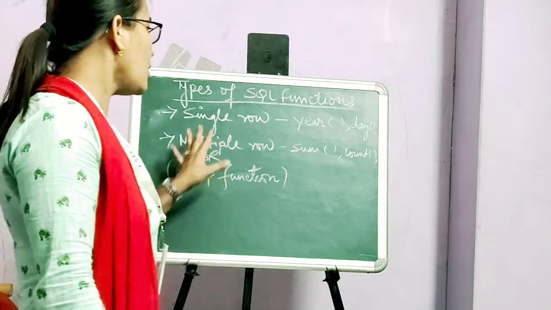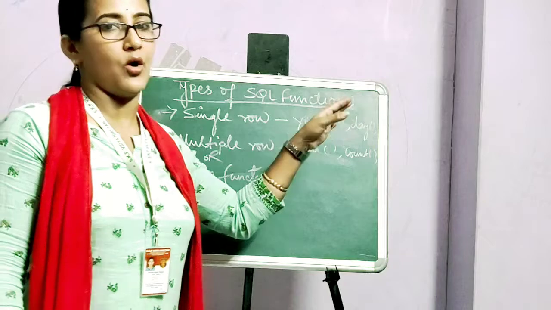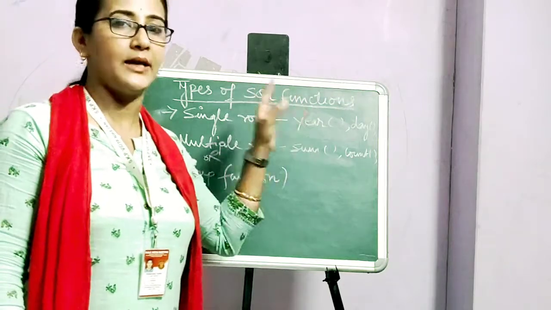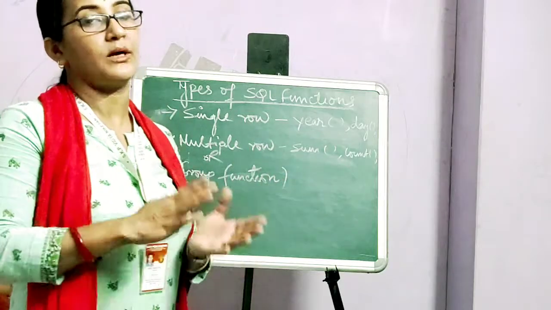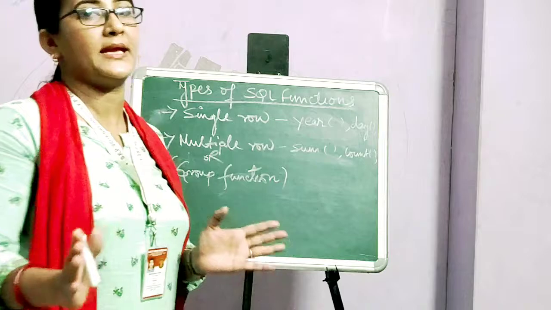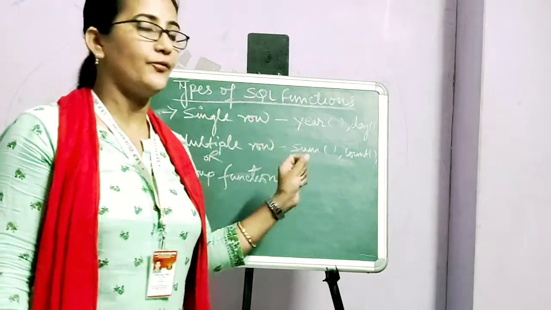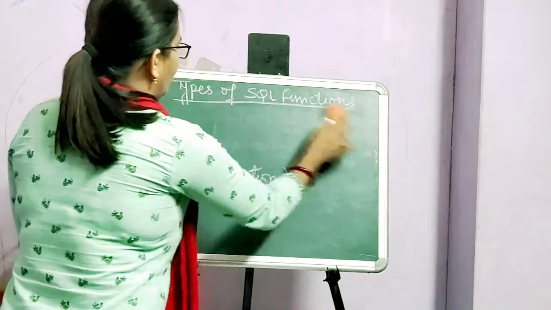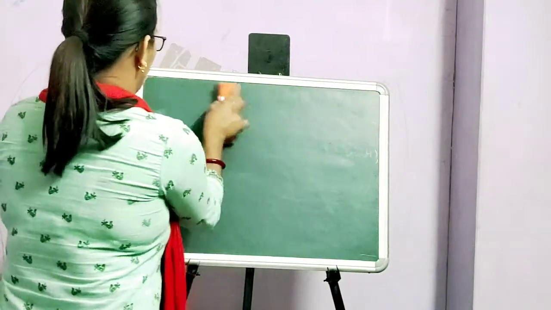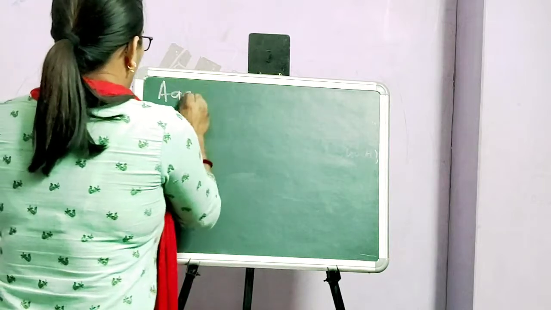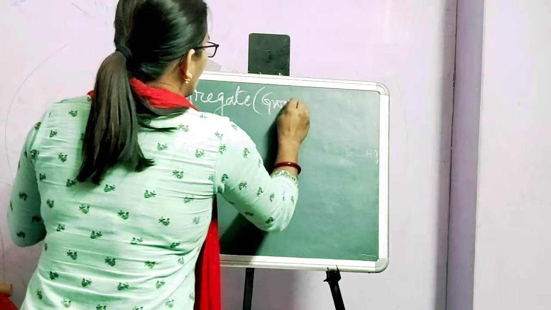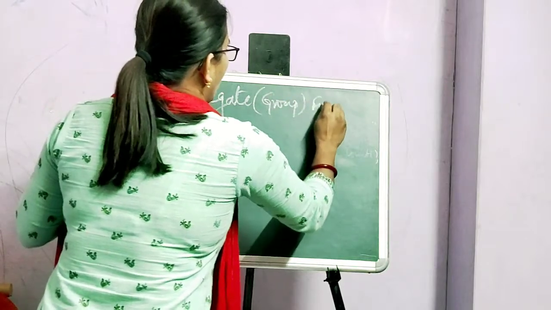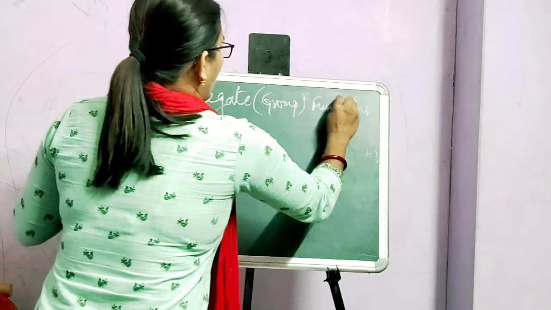The single row is clear, we have already done so many examples. Just flip the copy of your class 11 and see, whatever functions we have done are fully based on single row. Now we will start multiple row functions today, aggregate (in brackets, group) functions.